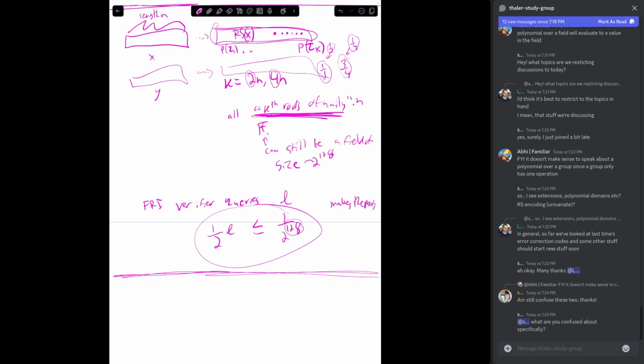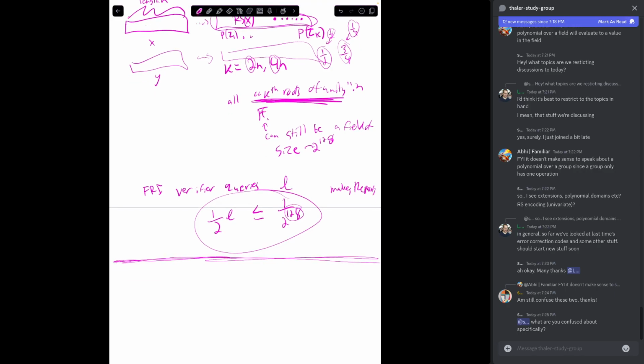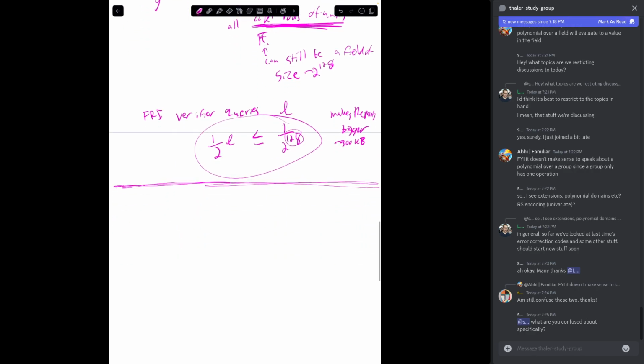With something like FRI, and you'll see this also in Binius and similar schemes, the proofs are pretty big, like multiple hundreds of kilobytes, if you set the security appropriately.